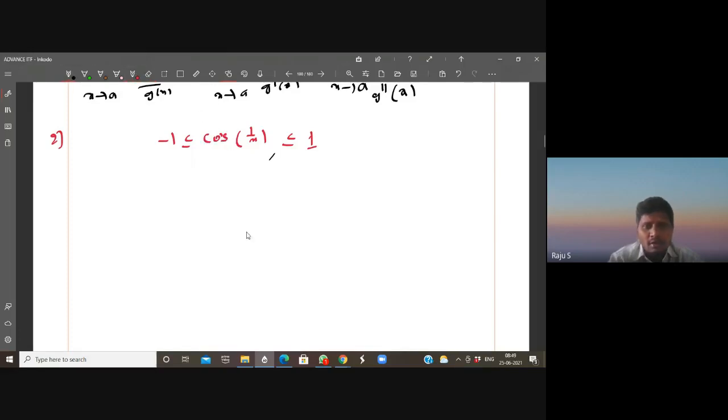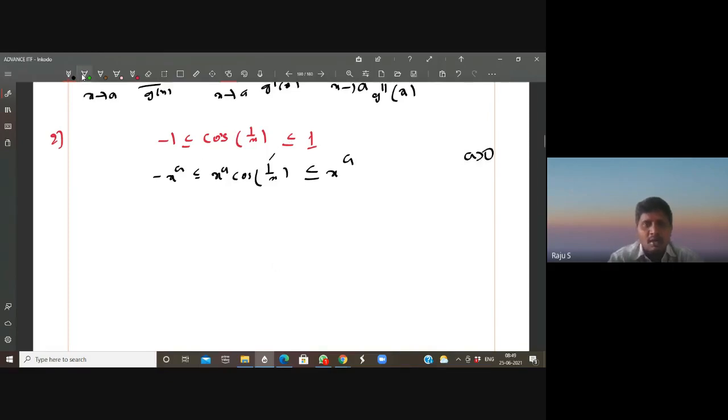Then the question has x power a. So minus x power a is less than or equal to x power a cos 1 by x, which is less than or equal to x power a.